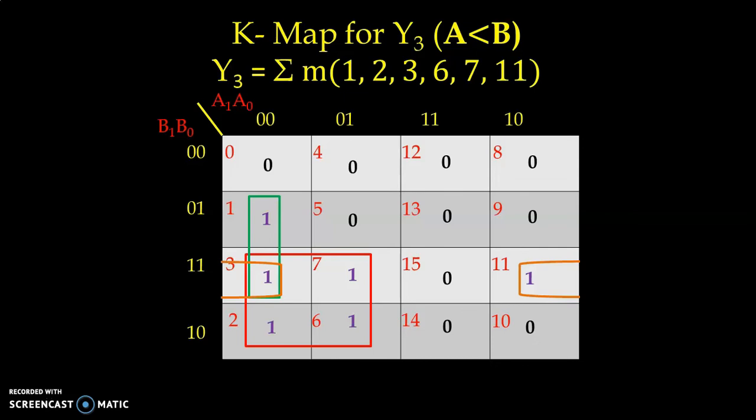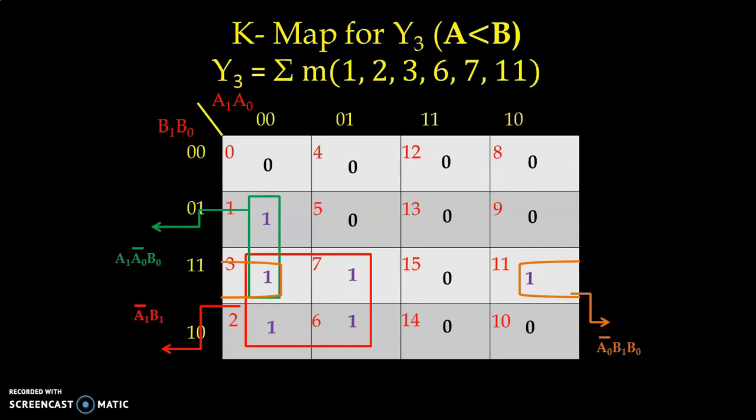Now we can write product terms for each group. First we write for the quad, that is A1 bar dot B1. For the pair, we can write A1 dot A0 bar dot B0, and for the third pair, we can write A0 bar dot B1 dot B0.